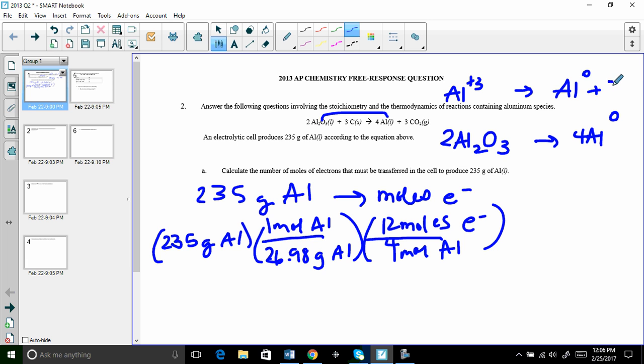And so you'd have to add 3 electrons. So you could do 1 to 3 or 4 to 12. They're the same thing, but if you do that, you get 26.1 moles of electrons. And because this cancels this and this cancels this, you're good.